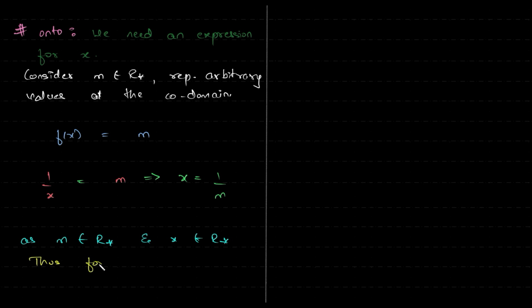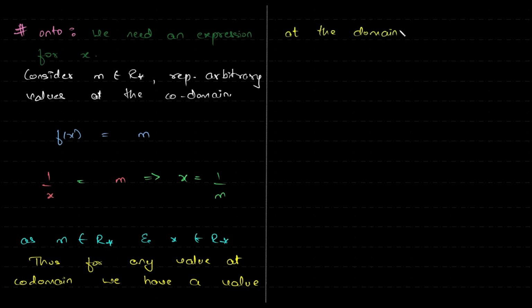Thus, for any value at the codomain, we have a value at the domain which is given by x is equal to 1 by m, such that f of 1 by m is equal to 1 divided by 1 by m, which is m.